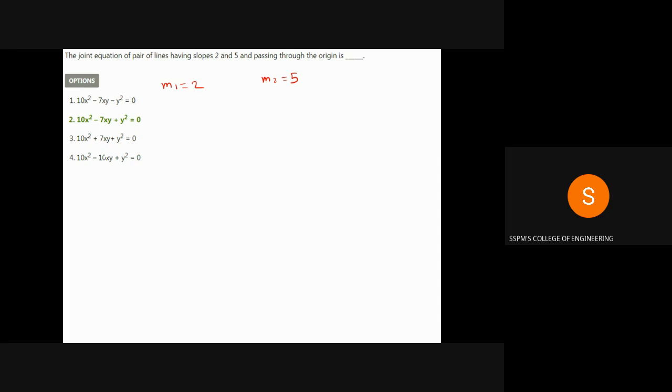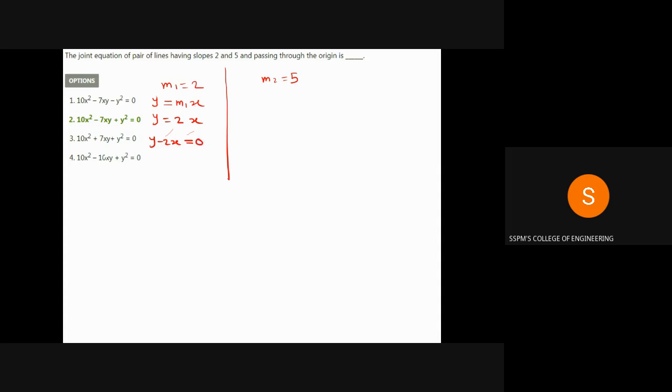What will be the standard equation? These are two slopes, so we will get two equations. What will be the equation of a line whose slope is 2? It is y is equal to m1x. This is the very basic equation of a straight line. So we get y is equal to 2x, or y minus 2x is equal to 0.